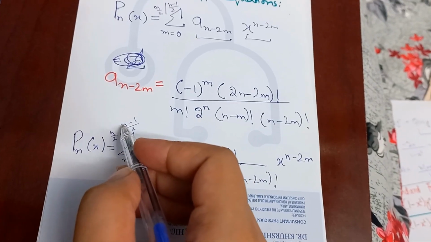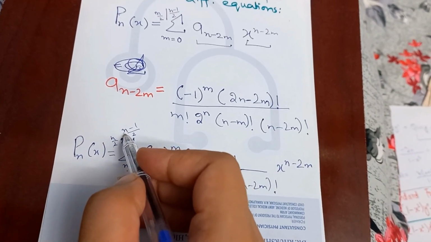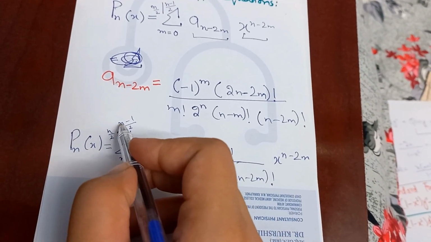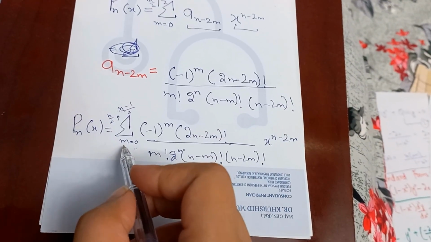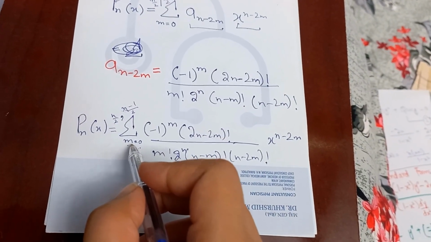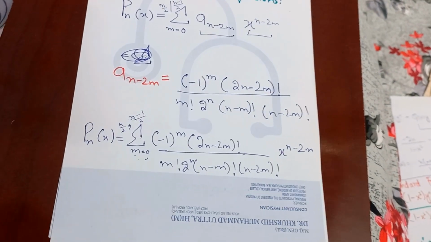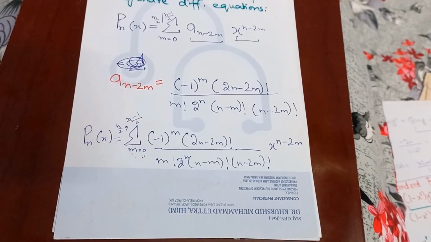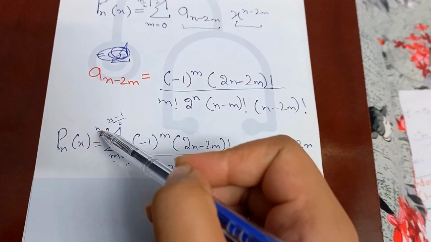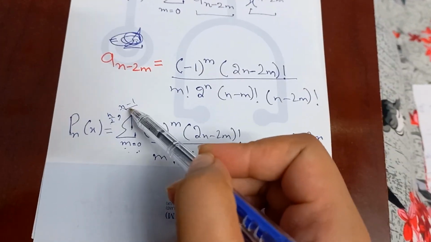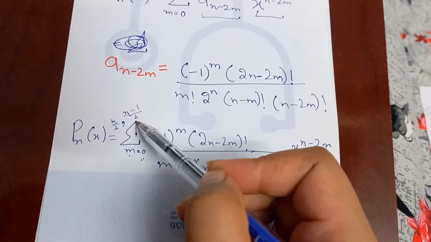You will put the value of n here, for example 3. 3 minus 1 makes it 2. 2 by 2 is 1. So this expansion will occur from m equals 0 to m equals 1. So that is how it tells you. It's really easy. n by 2 when n is even, n minus 1 by 2 when n is odd.